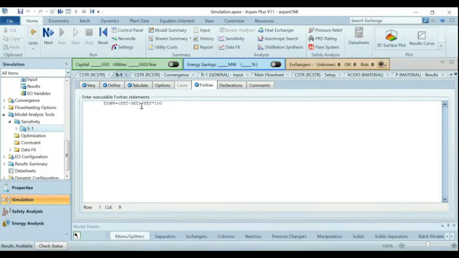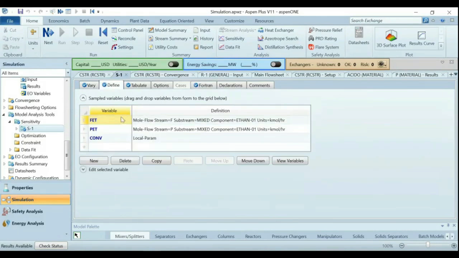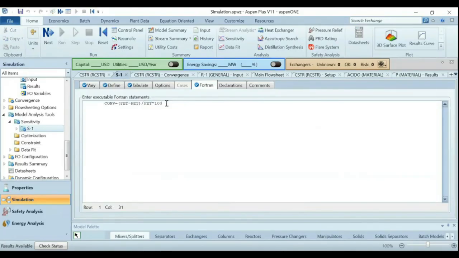Okay, we can calculate conversion as the difference between the amount of ethanol entering the reactor, represented by the fat variable, minus the amount of ethanol in the product variable, divided by the amount of ethanol in the input variable, multiplying by 100 to represent it as a percentage. Okay, so when I define conv as a local parameter, it automatically understands that this variable is defined here in this Fortran guide.